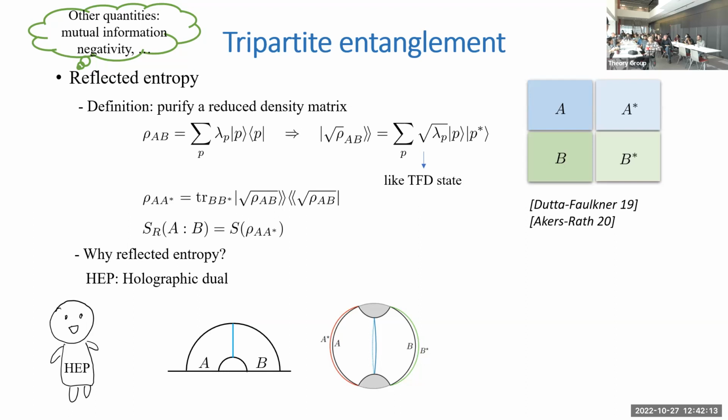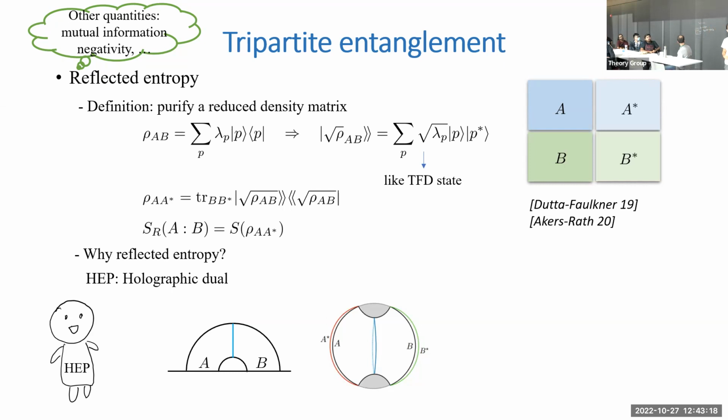Yeah, so maybe I can write it down. Imagine that you have a matrix, such that we are going to get the original matrix back. So it is possible to do this purification in many different ways.